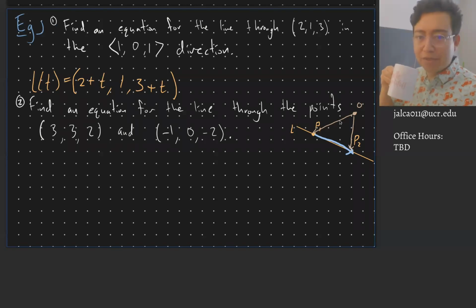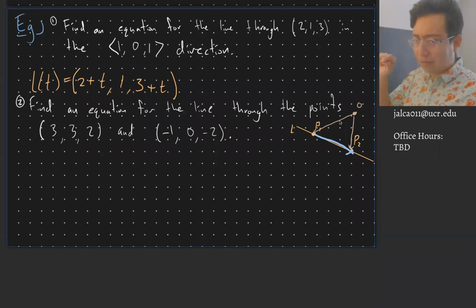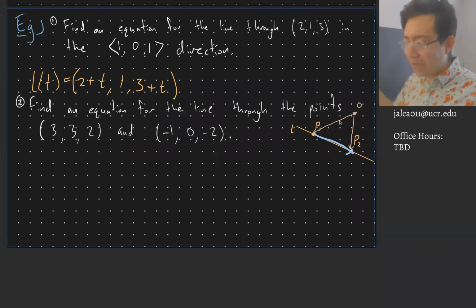So it's the difference, right? P1 minus P2, or P2 minus P1. The one I've drawn here is technically P2 minus P1, but P1 minus P2 would also work. Just remember that P2 minus P1 goes from P1 to P2, so it kind of flips a little bit.